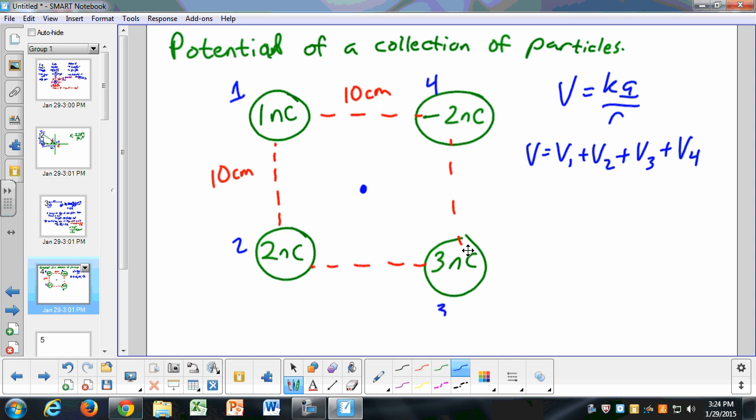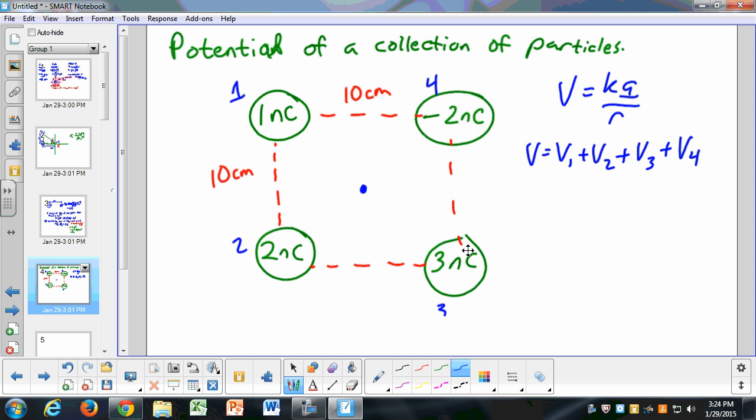2 and 4 can go away because I have two opposing charges. These two charges, one is positive and one is negative, and they're an equal distance from the point that I'm considering. I want to find the total potential at this point. This charge contributes a potential, and then this charge contributes a potential that's exactly opposite. So I can just cancel those out.